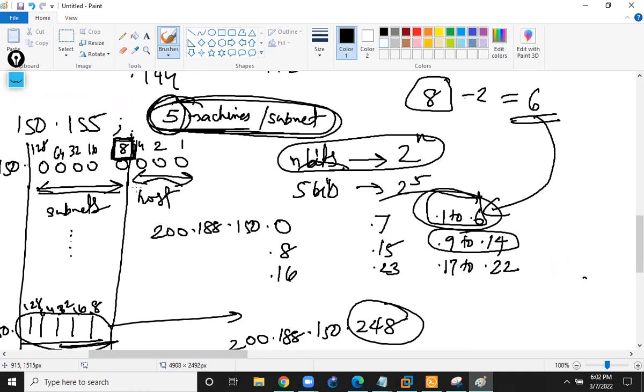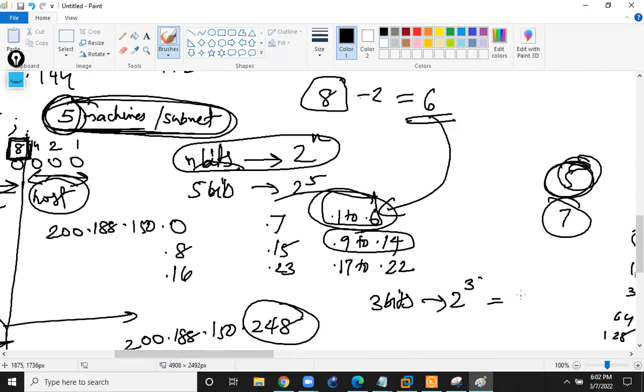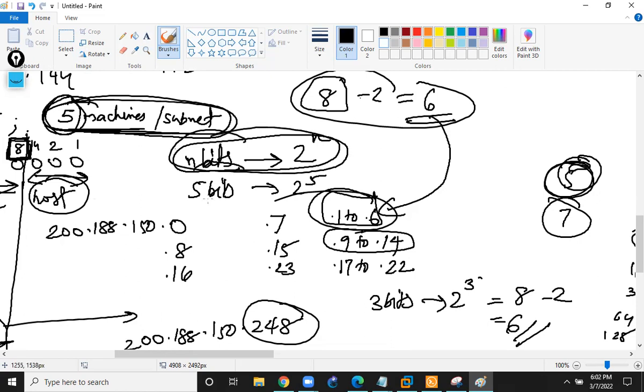So 3 bits are there in the host portion, which means 2 raised to 3 values will be there, including the network address and the broadcast address. So including those, you will have 8 values, but you will have to decrement 2. You have to exclude the network and the broadcast. So you will get the value 6. I already told this, I suppose, right? Okay. So you can use this 2 raised to n equation as well.